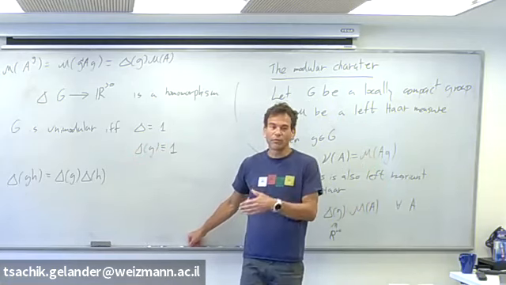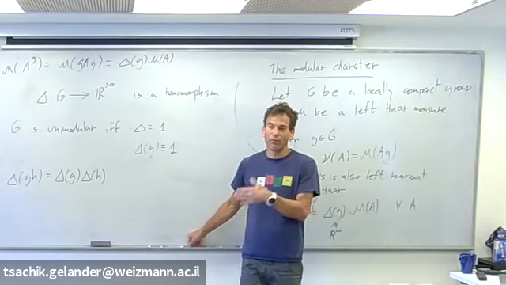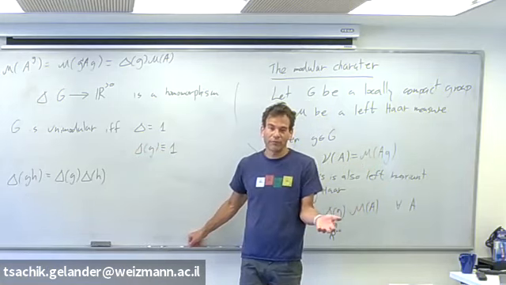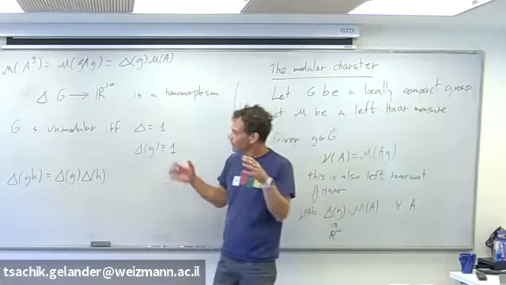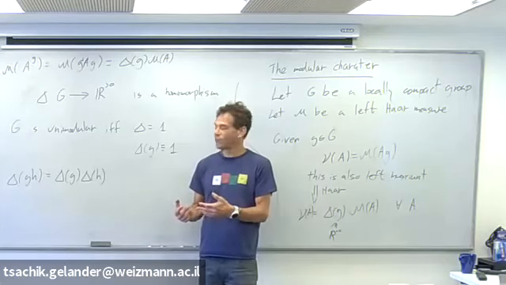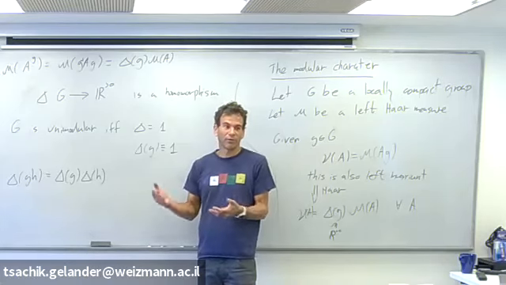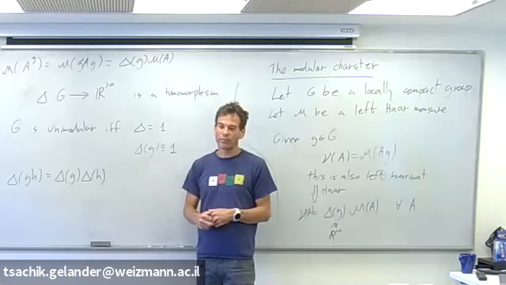And since you don't have a continuous homomorphism from a compact group into the real line or into R star, you don't have a non-trivial character, except the trivial one. You don't have a compact subgroup of R except the trivial group. So we don't have non-trivial characters on compact groups. So then immediately you get that a compact group is unimodular.